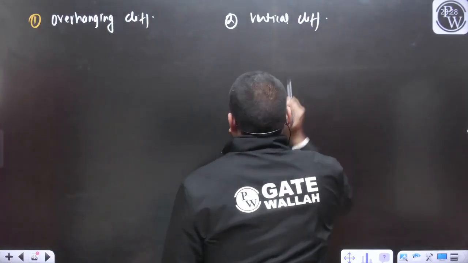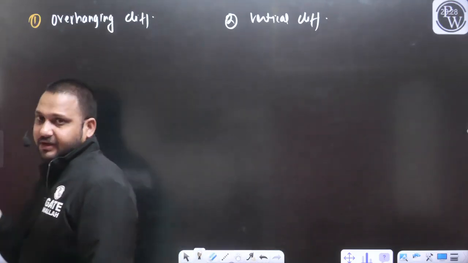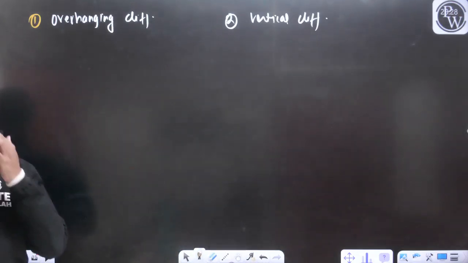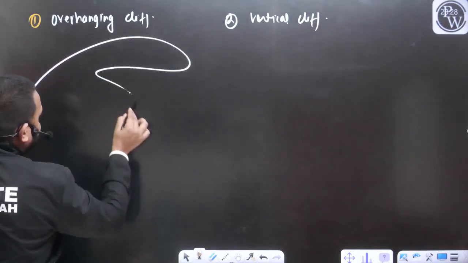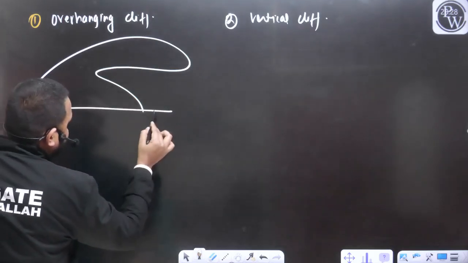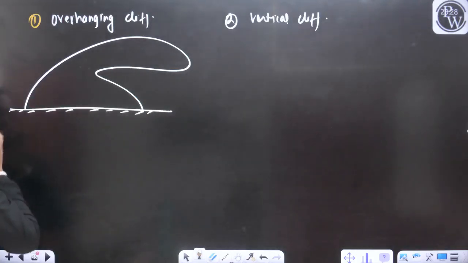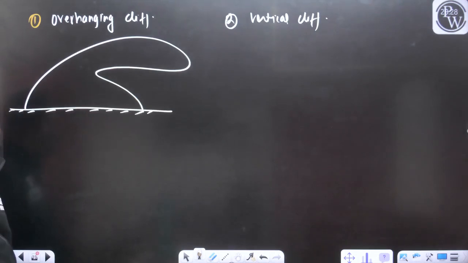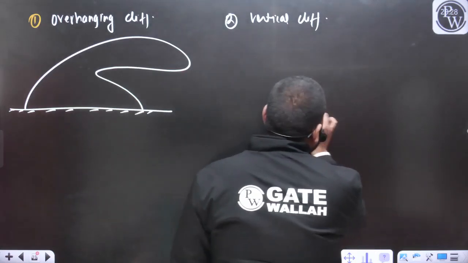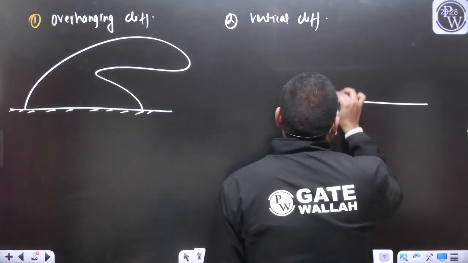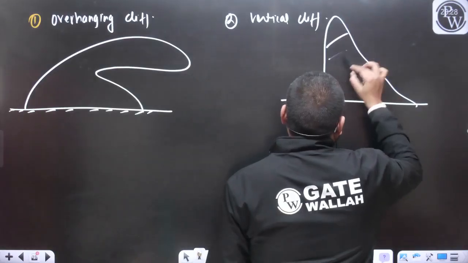The overhanging cliff was a structure something like this, as we have just discussed, yes or no. And the vertical cliff has a structure something like this.